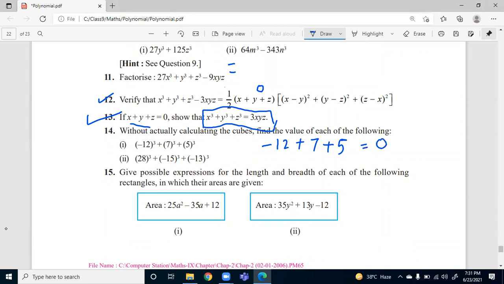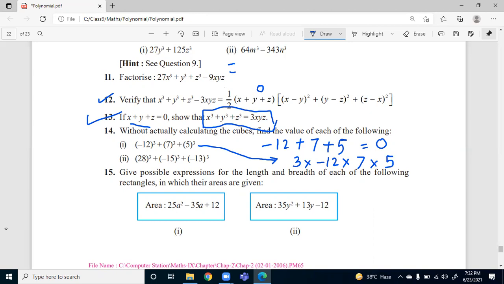So I am getting x plus y plus z as 0. If I want to know the value of x cube plus y cube plus z cube, it becomes 3xyz. Here x is minus 12, y is 7 and z is 5. So this is our answer.